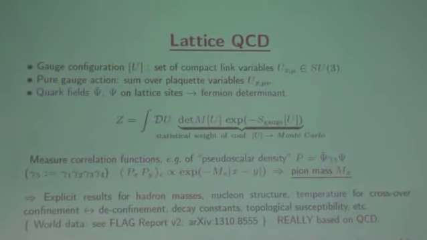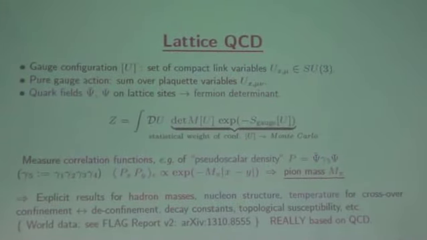Now let us look at what we are doing on the lattice. What we really deal with are configurations which are a set of link variables in SU3. So we have a 4-dimensional finite lattice in some volume, and the actual configuration only consists of link variables in SU3.